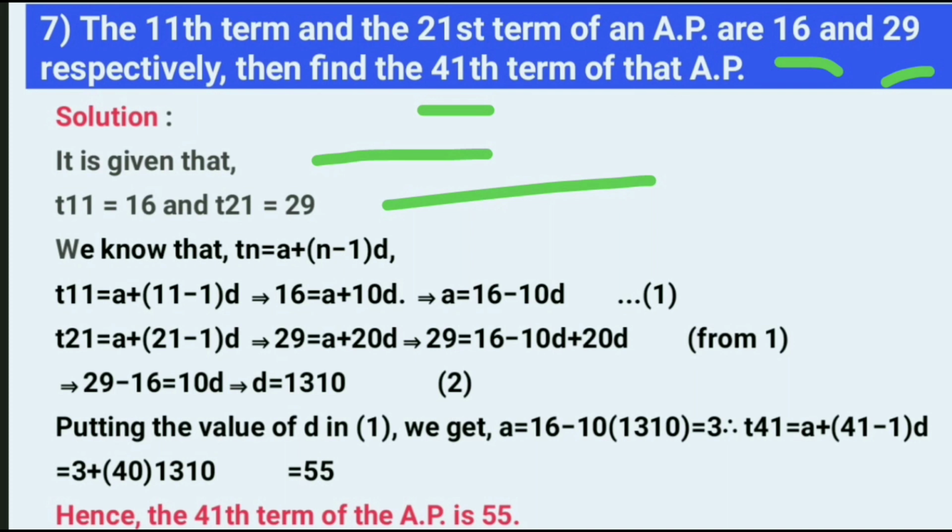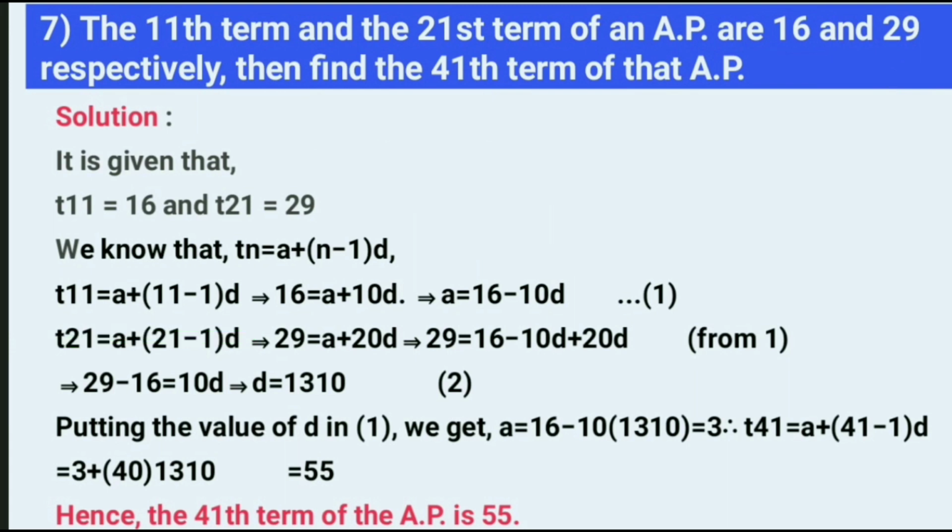Now we know that Tn is equal to A plus n minus 1 into D. So taking n is equal to 11, T11 is equal to A plus 11 minus 1 into D. So 16 is equal to A plus 10D. So A is equal to 16 minus 10D. This is our equation number 1.